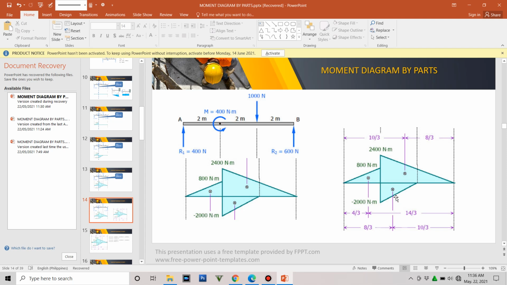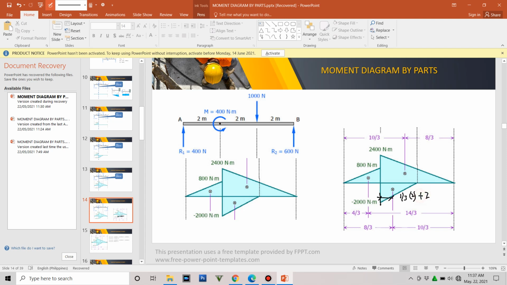So this distance is 1/3 of 2. 1/3 of 2 is equivalent to 2/3. 2/3 plus this up to here. 2/3 plus 2.